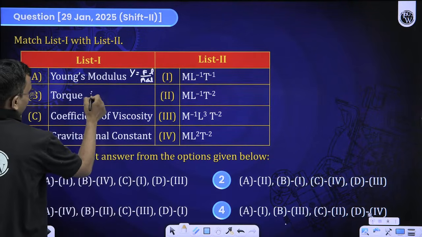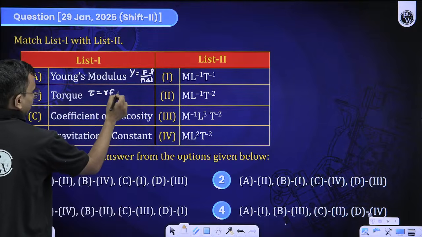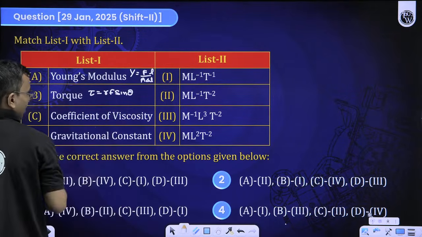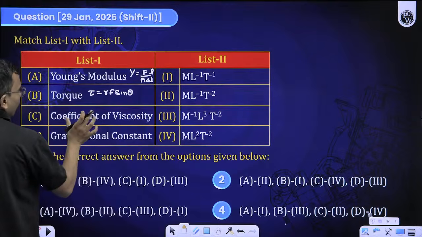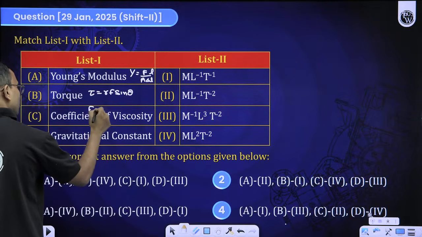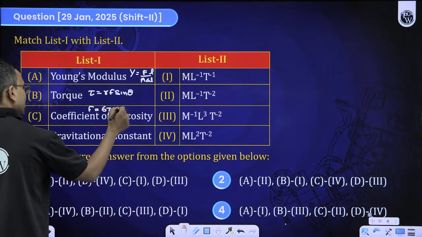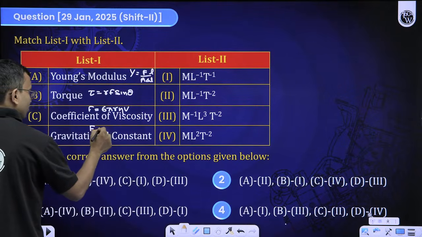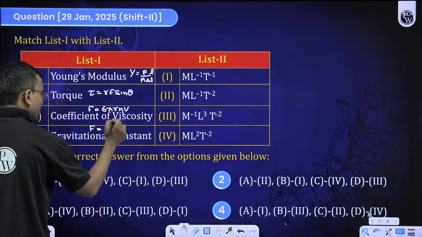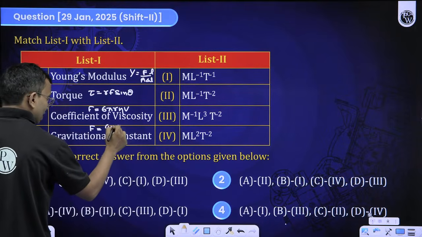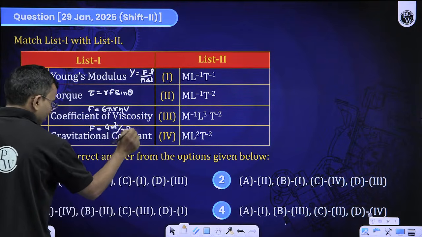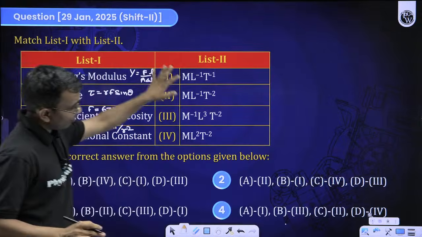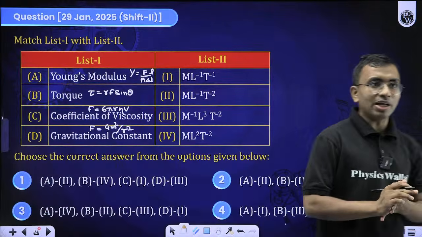Torque, you can use r F sin theta, we just did. Sine theta is dimensionless, by the way. For coefficient of viscosity, force is equal to 6 pi R eta into V. For gravitational constant, force is equal to G m1 m2 by r square, or you can say m square by r square. This you can use, and accordingly you can find the dimensions and match here.